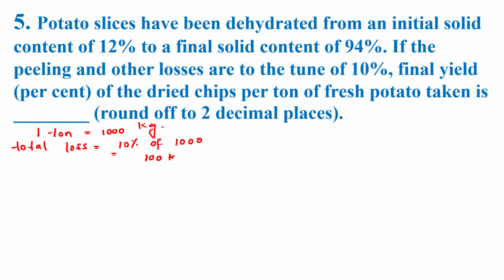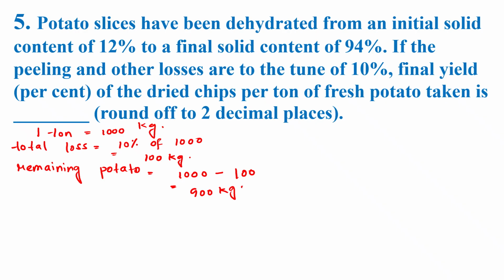Now remaining potatoes is how much? That is 1 ton minus 100 kg, that is equal to 900 kg. These will proceed to my dehydration process.